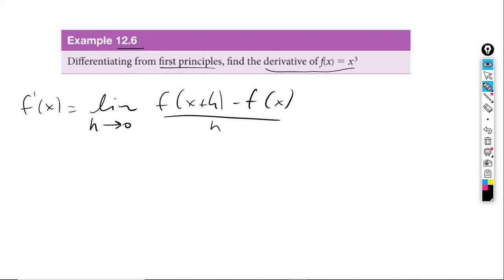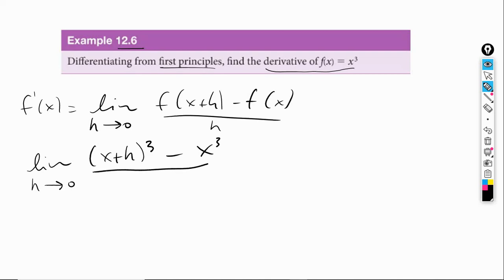And in this case, it's going to translate as the limit as h approaches 0 of x plus h cubed minus f of x, so that's just x cubed, over h.